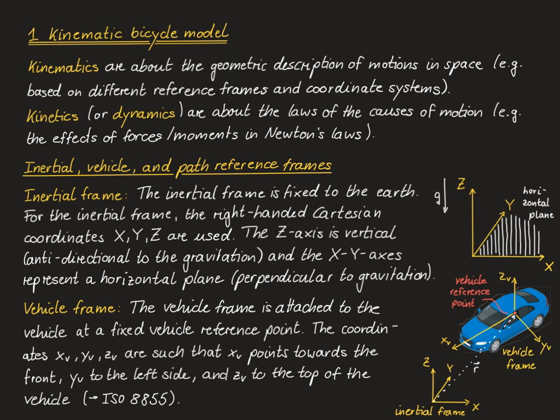The coordinates of the vehicle frame are called x_v, y_v, and z_v, and corresponding to the international standard ISO 8855, they are selected such that x_v points towards the front of the vehicle, y_v points to the left side of the vehicle, and z_v points to the top of the vehicle. The vehicle frame along with the inertial frame are illustrated in the figure on the right hand side.